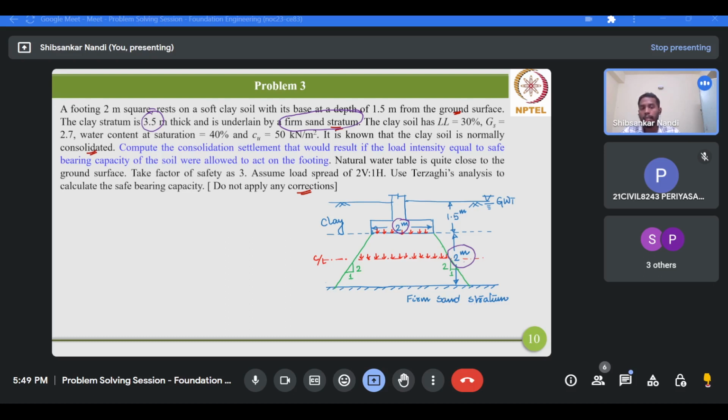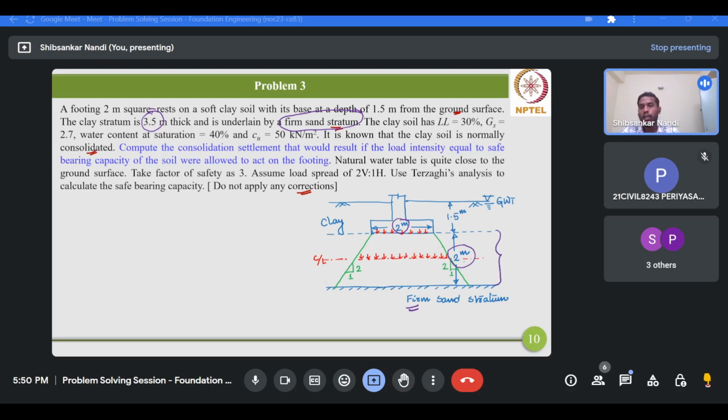Again, this is a firm sand bed, so you can visualize some rigidity or fixity condition below this clay stratum. My concern is only to calculate the consolidation settlement of this clay layer of thickness 2 meter.